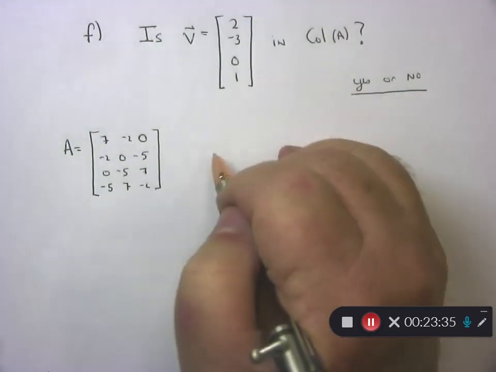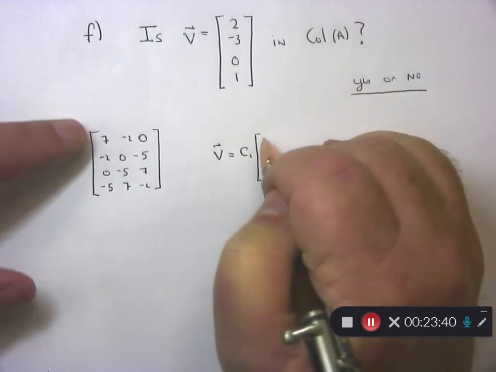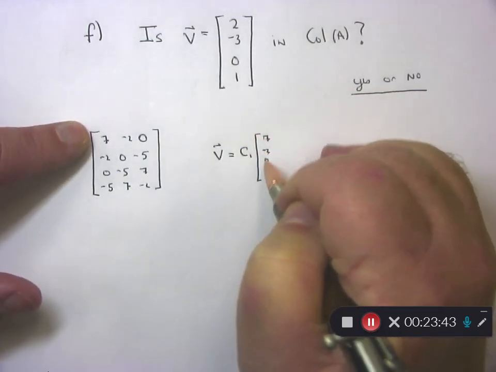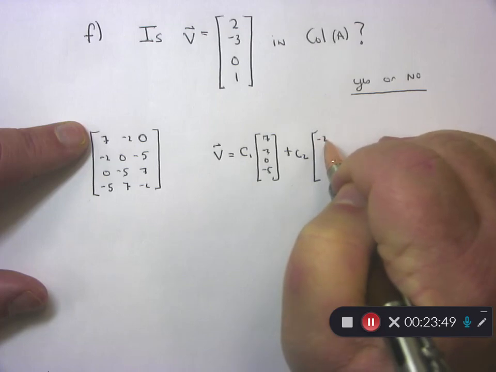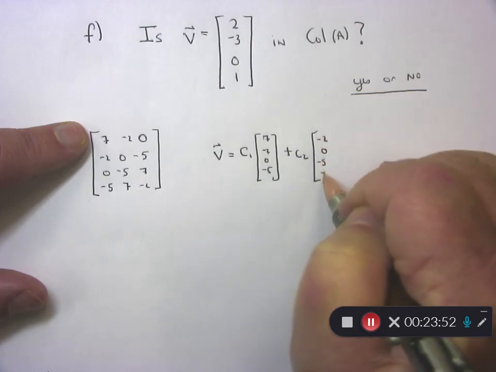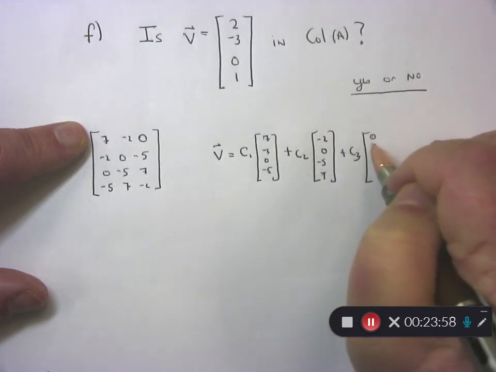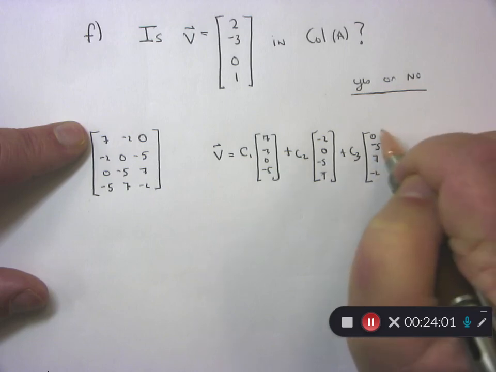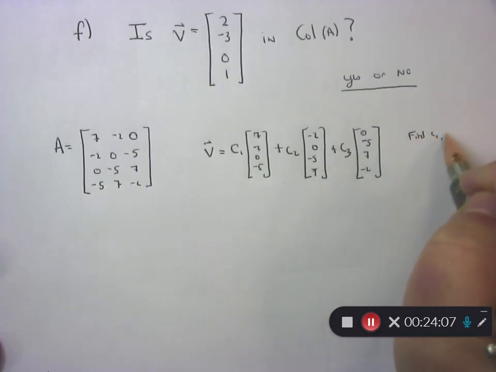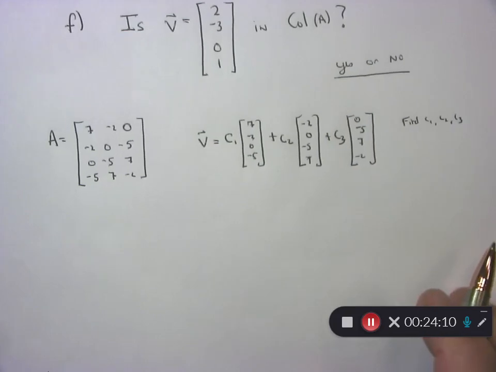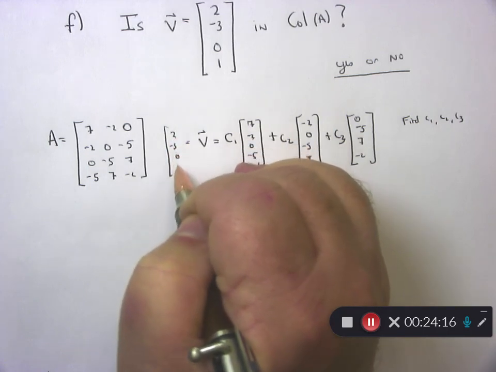This means V has to equal a constant C1 times the first vector, 7, negative 2, 0, negative 5, plus a constant C2 times the second vector, negative 2, 0, negative 5, 7, plus another constant C3 times the third vector, 0, negative 5, 7, negative 2. You need to find C1, C2, and C3. Well, remember, V is this vector here, 2, negative 3, 0, 1.